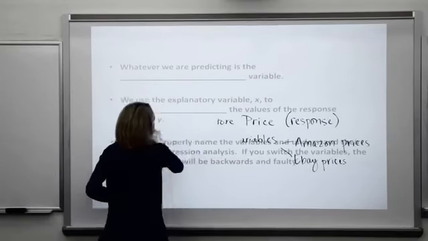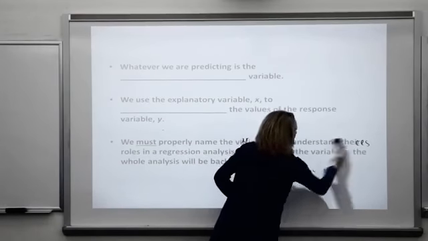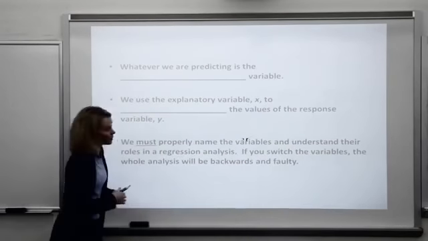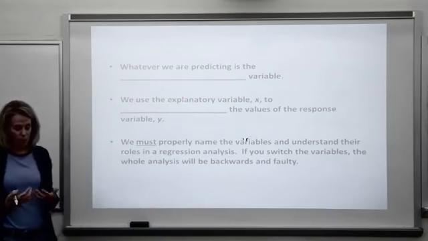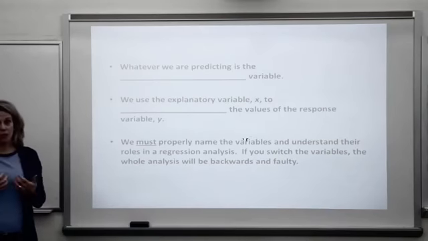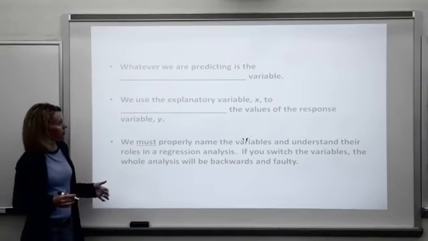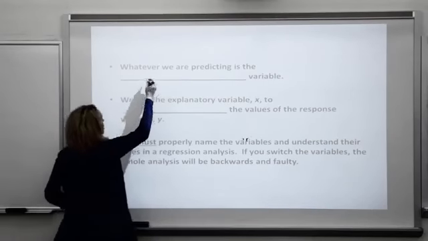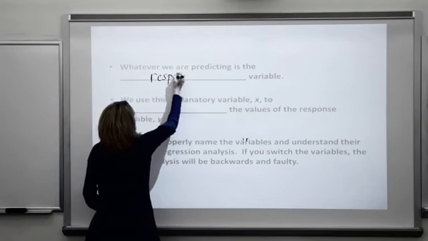So just to summarize what we've looked at today in this video, the variable, whatever we're predicting, that's the response variable. In the last example, we were trying to predict the bookstore price. That was the response variable.